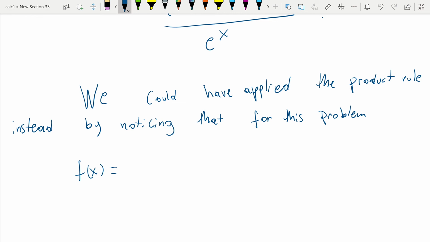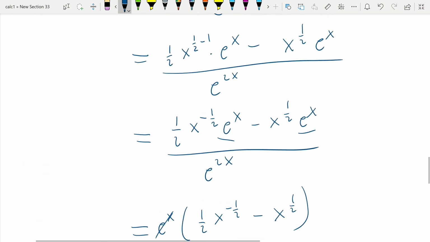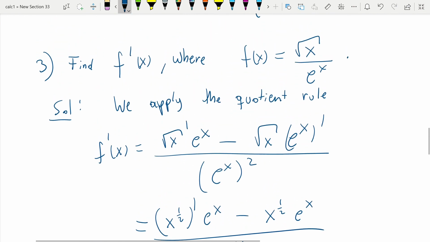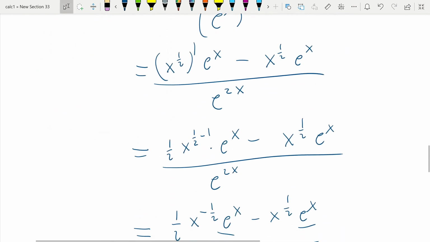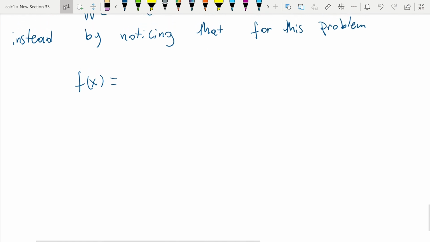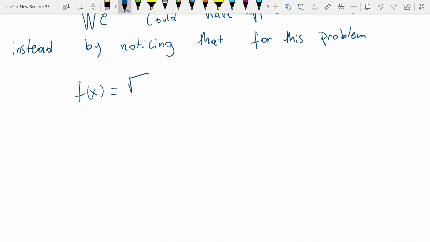How was f of x defined? It was defined as the square root of x divided by e to the x. But this is the same thing as the square root of x times e to the minus x. 1 over e to the x is the same as e to the minus x. So we may apply the product rule.